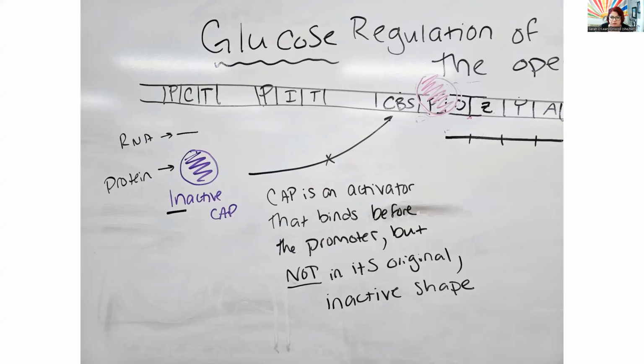Okay, so now we have a second sugar, glucose, that will actually help regulate the operon as well. So glucose and lactose are the main sugars that we're looking at. The glucose is the preferred food source of the bacteria over lactose. And when I say preferred, I don't mean like it just likes it. It means that it will preferentially go through the process of breaking down glucose instead of lactose, if it has the option.